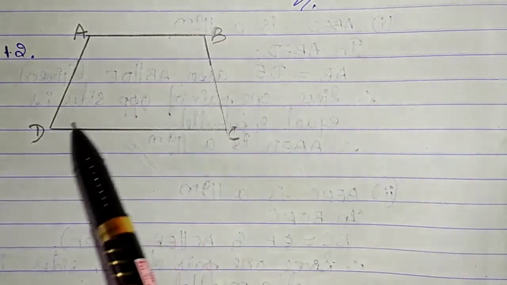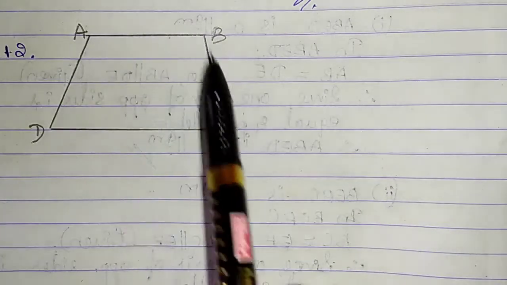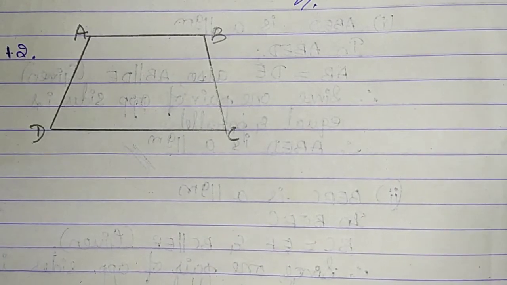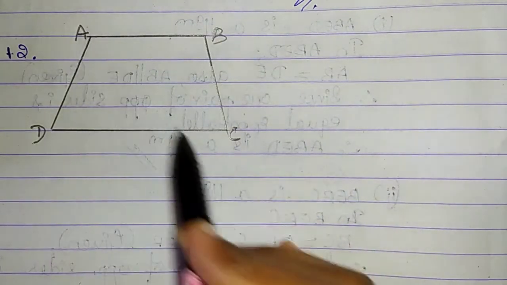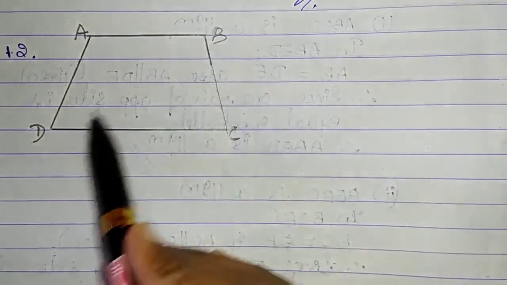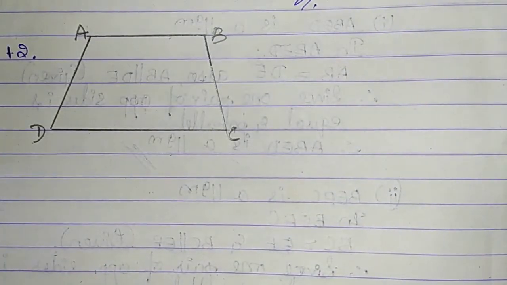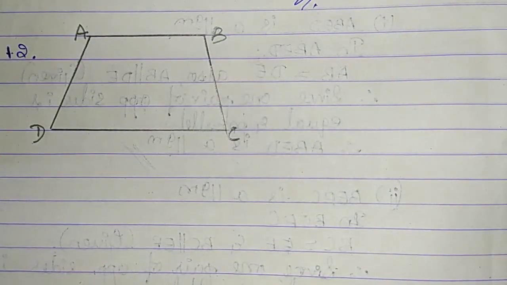So we will be drawing a diagonal and proving that those two triangles are equal. Also, diagonal AC is equal to diagonal BD. We will be drawing that later.